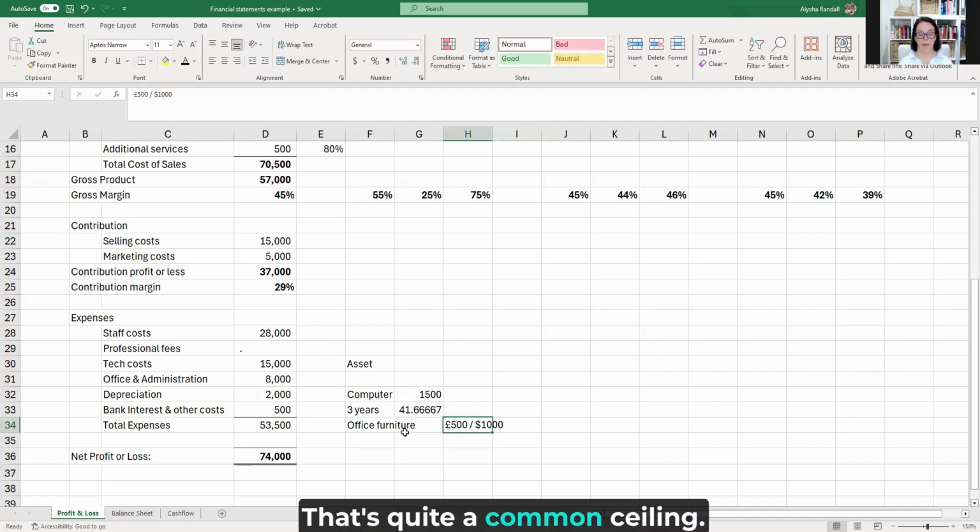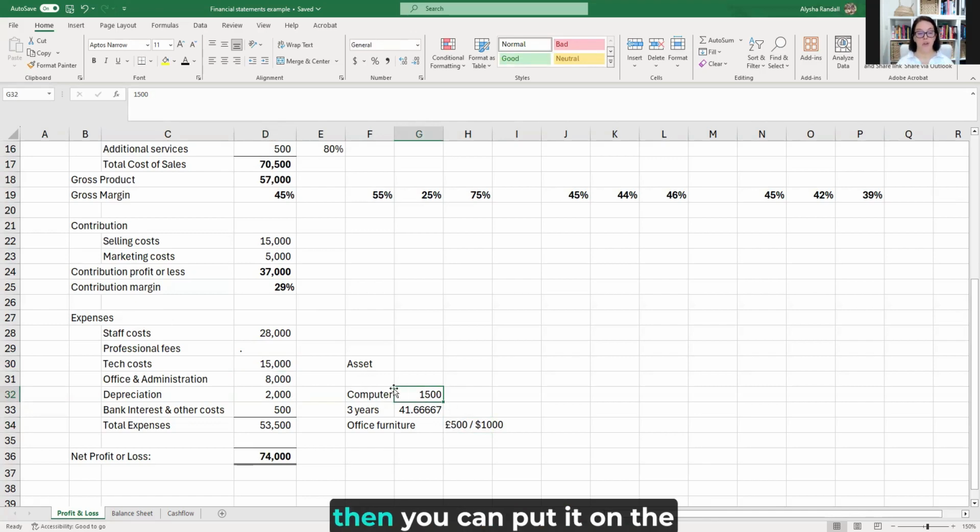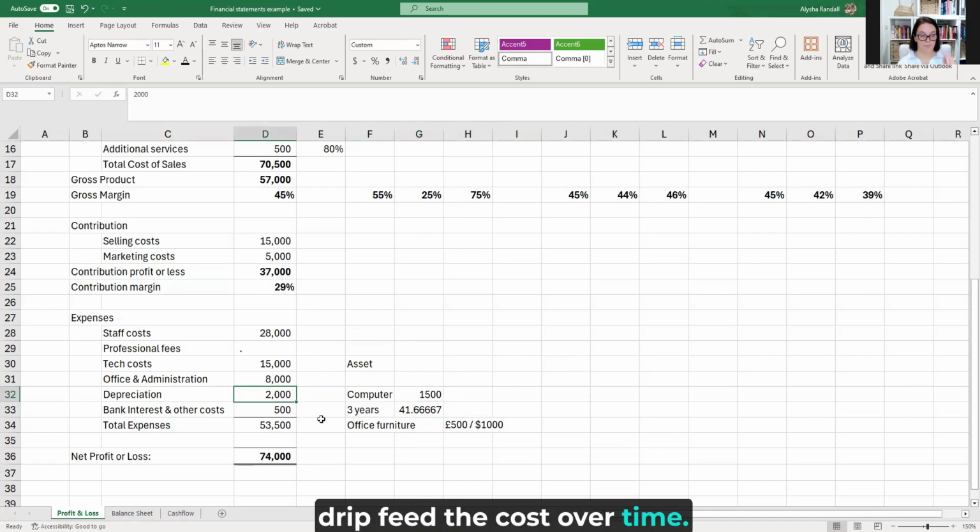That's quite a common ceiling. So anything that costs less than that, say you bought a keyboard or a mouse, unless it's part of a package of a new computer, I would just put that into here, tech costs. But if it's something significant, then you can put it on the balance sheet and just drip feed the cost over time. So that's what depreciation is.